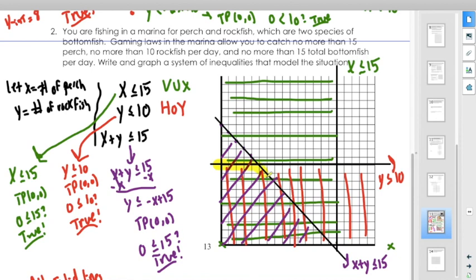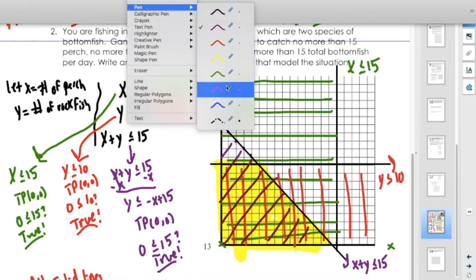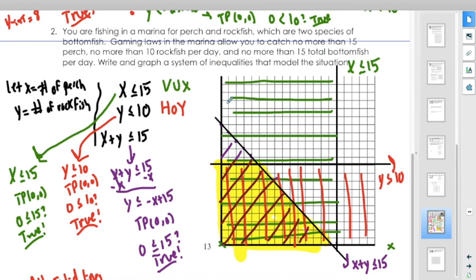This right here is the only spot where all three are shaded in, right? Here is my solution. Let's get our pen out and let's write that big S. This is my solution. Okay?